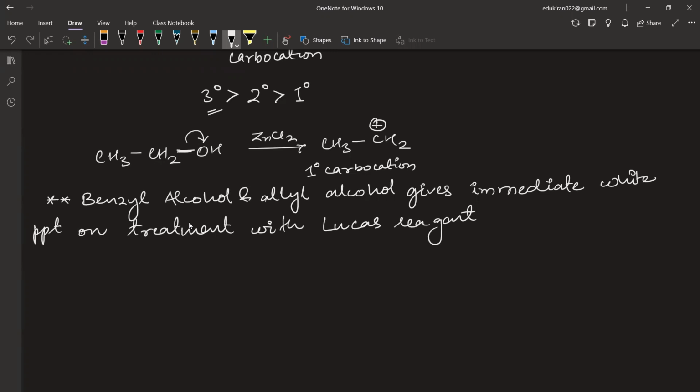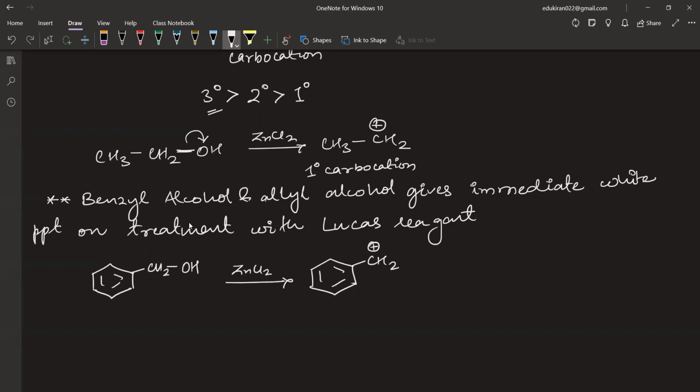Why do they do that? Because when you have benzyl alcohol, that means you have a benzene ring attached with a CH2. This CH2 has, not halogen, it is alcohol, so it will be OH. Similar to benzyl halide, you have benzyl alcohol in which the OH group is attached to CH2, which is further attached to benzene. After this, if I react this with ZnCl2, I will get CH2 positive.